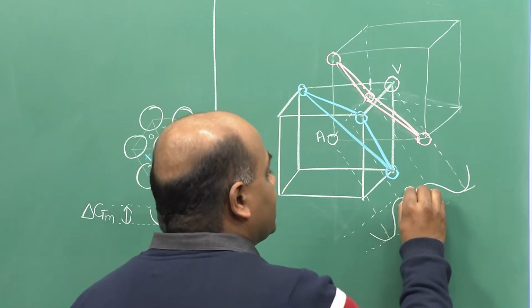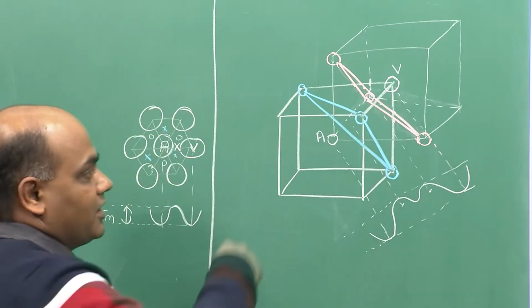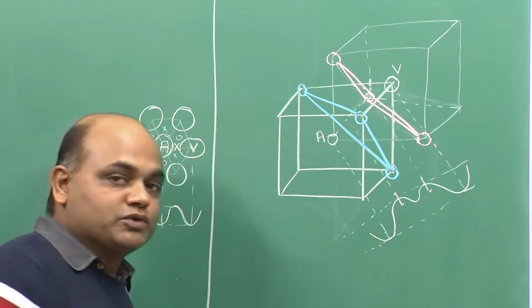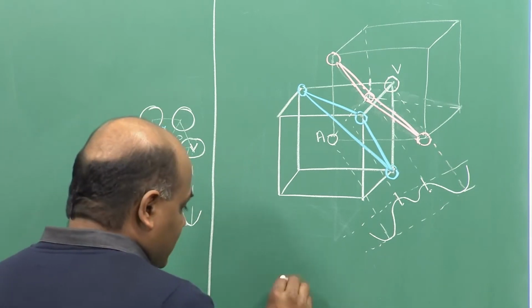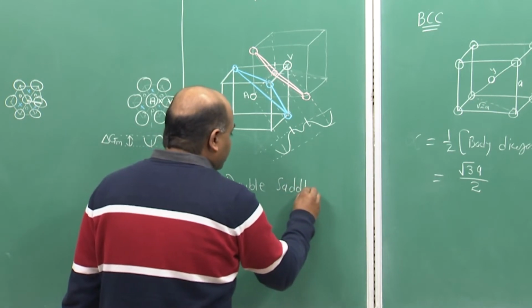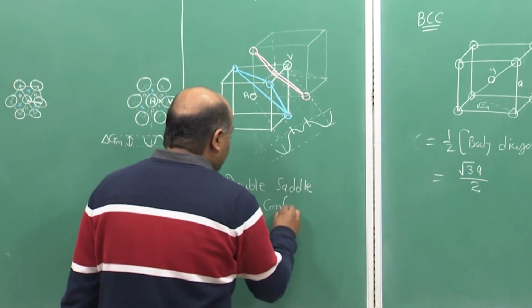You see there will be two states in between where the energy will be maximum. And so, there are two saddle points. So, this is the double saddle configuration in BCC.